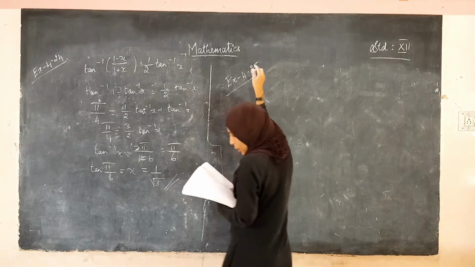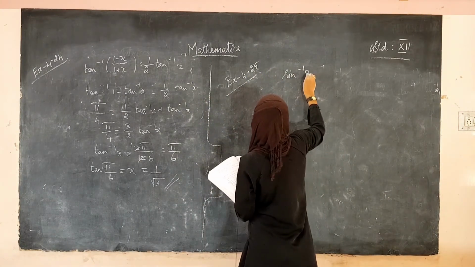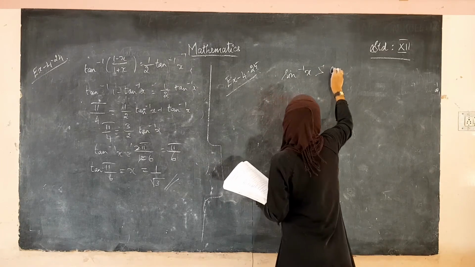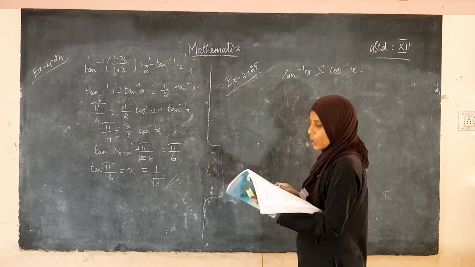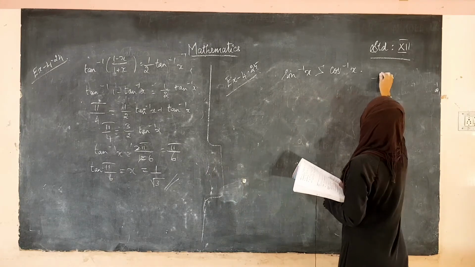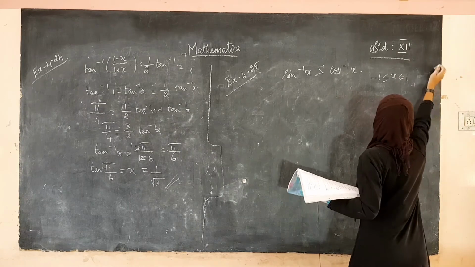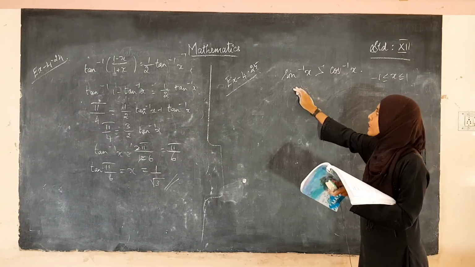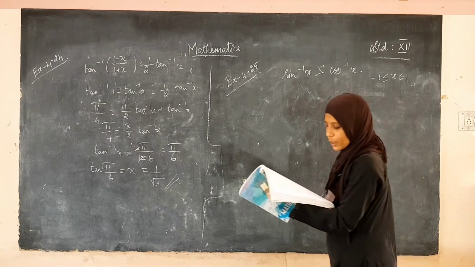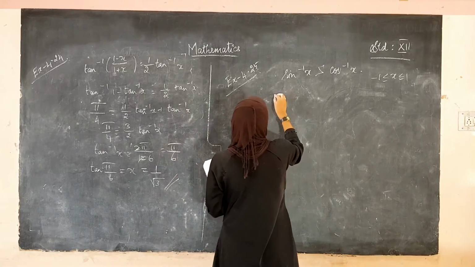Example 4.25. What's the question? Solve sin inverse of x is greater than cos inverse of x. Okay, for both we have the values from minus 1 less than or equal to x less than or equal to 1. This will be the principal domain for both the sin inverse function and the cos inverse function. So what we are going to do is add sin inverse of x to both sides.